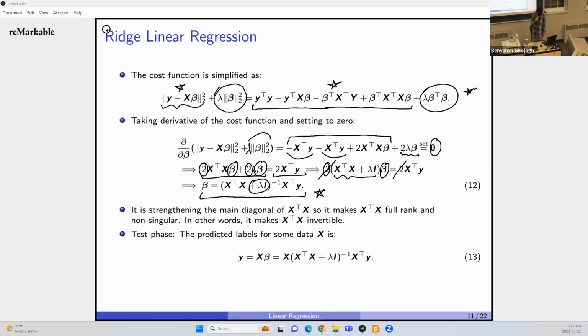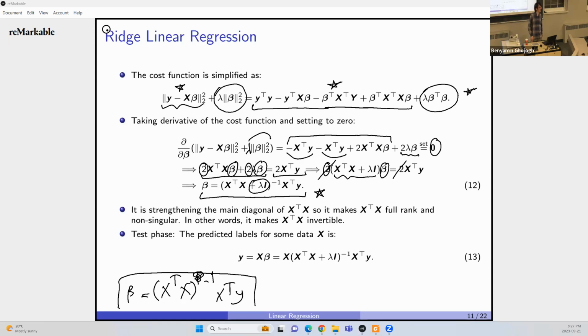What is this plus lambda I doing? Let's analyze that. Can you tell me without reading the line? Okay. So X transpose X is a matrix, right? What was that beforehand? X transpose X inverse X transpose Y, in simple linear regression. Why did no one tell me: what if X transpose X is singular?